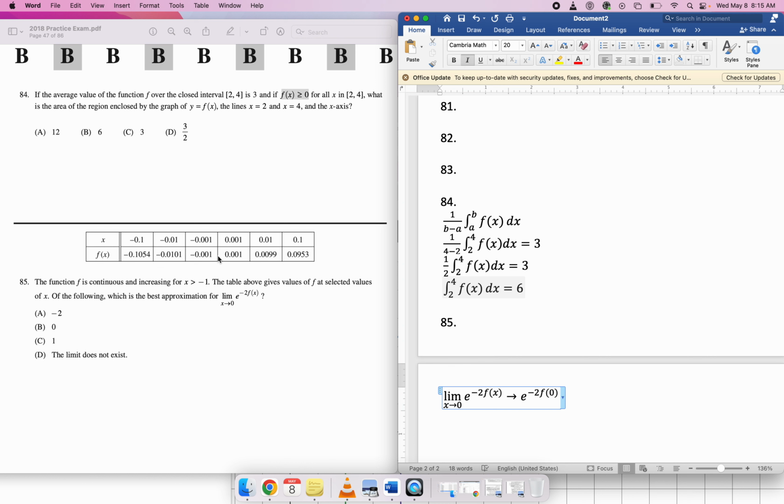So as x approaches 0, the function f also approaches 0, which means this limit is really approaching e to the -2 times 0, which is just e to the 0, which is 1. That's my best guess there.